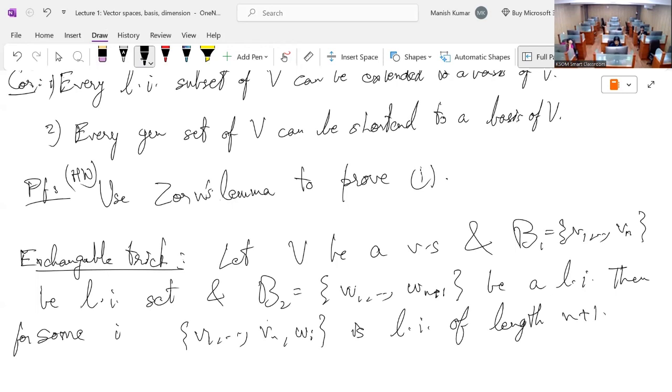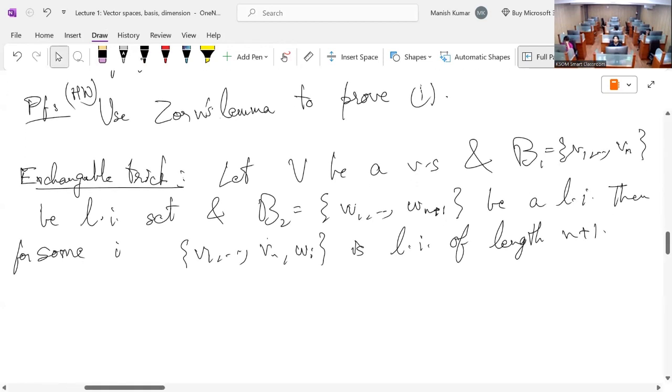If one of the Wi's is the same as a Vi, I'm not going to include that. I start with V1 to Vn and include one element which is not in V1 to Vn, and make a linearly independent set of length n plus one. This is what the exchange lemma is.